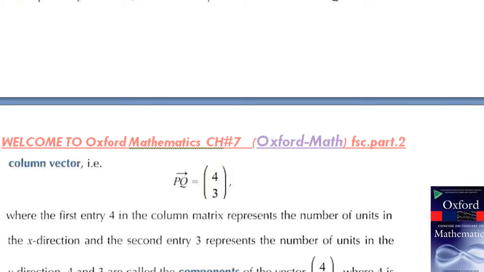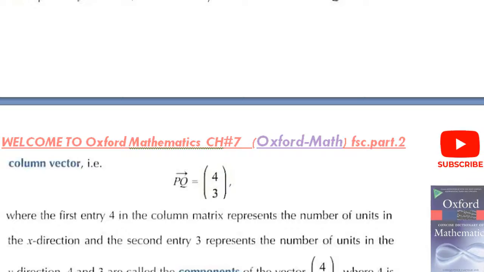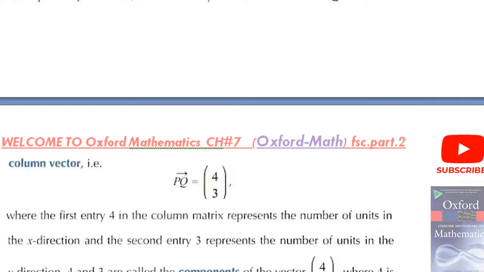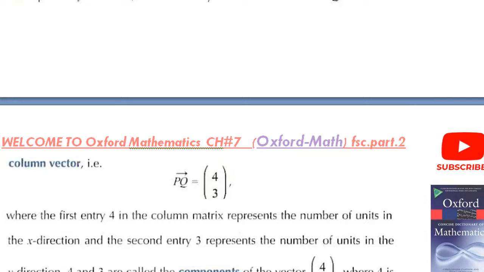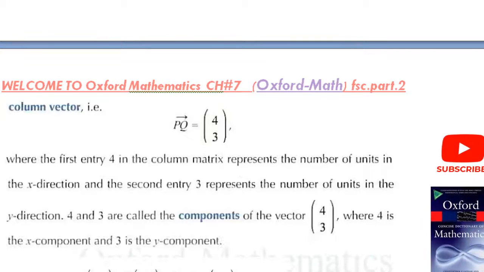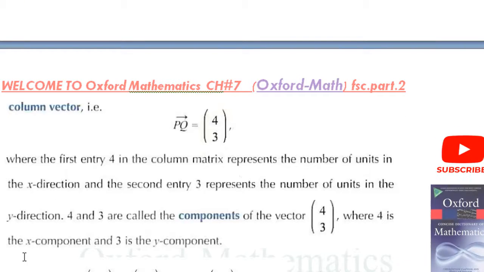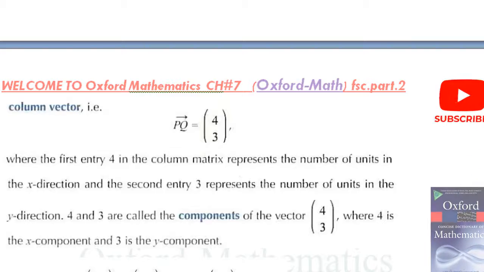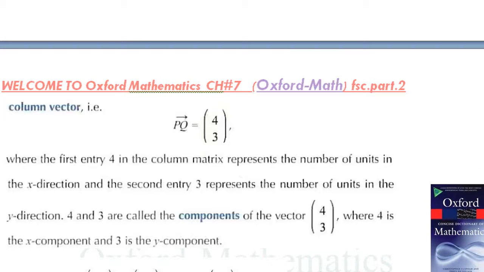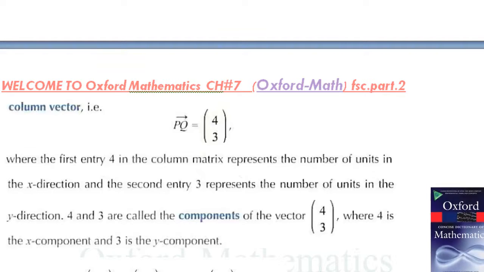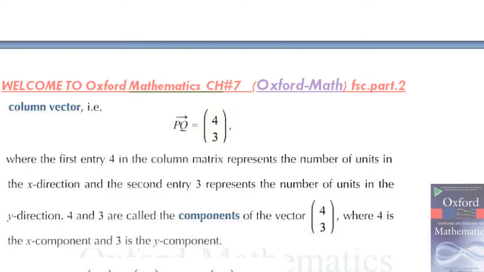So 4 and 3 are called the components of the vector. Upper is the x and lower is the y, where 4 is the x component and 3 is the y component. Similarly, for RS, 2 is the x component and minus 6 is the y component.